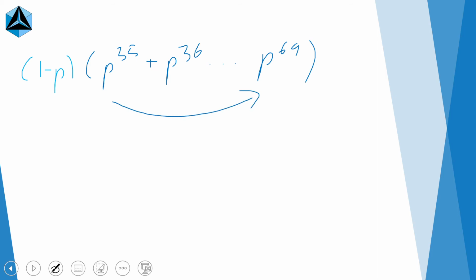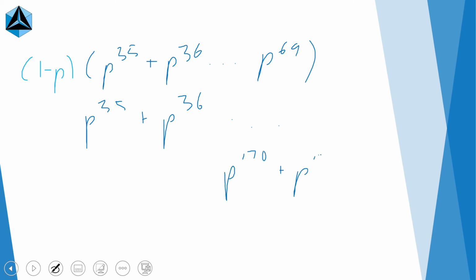So we can evaluate the infinite geometric series starting at p to the 35 plus p to the 36 all the way to infinity, and then subtract the geometric series that starts from p to the 70 plus p to the 71 all the way to infinity. That difference will leave us with our desired sum.